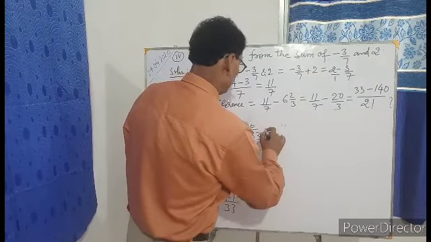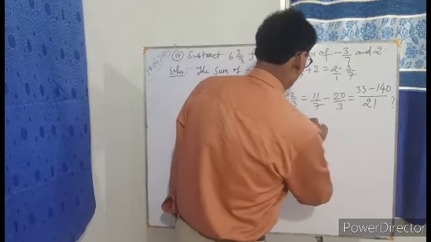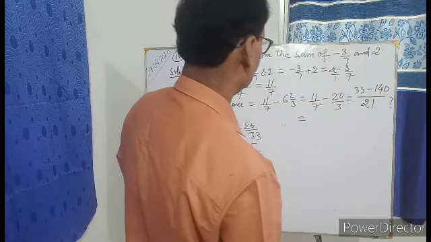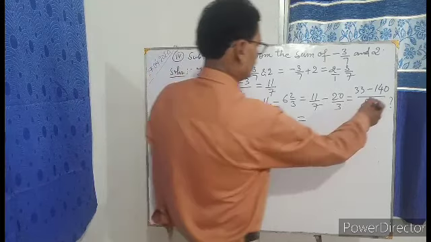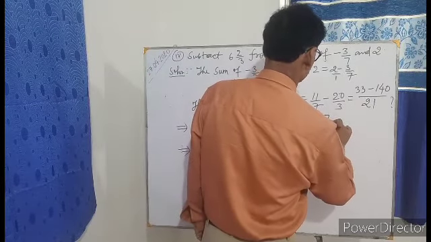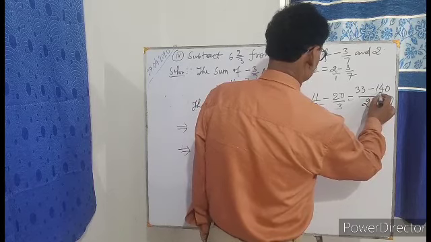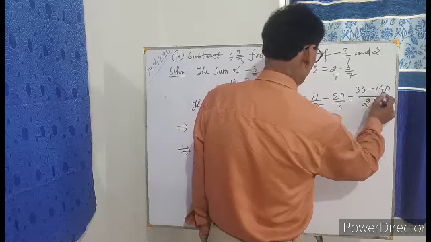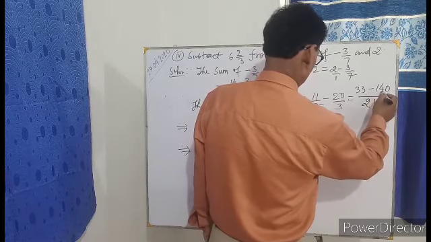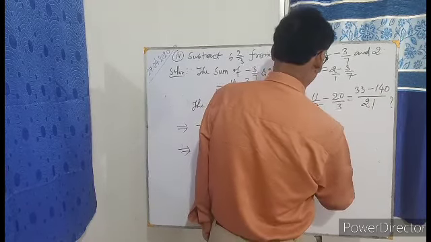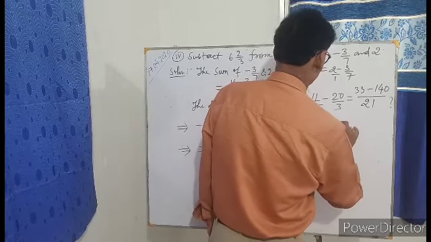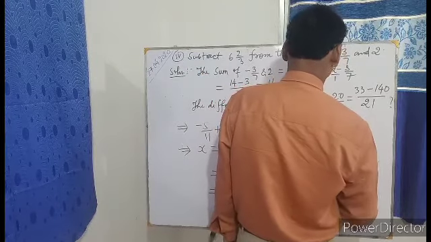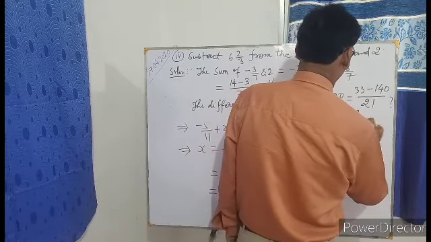So what do we have lastly? 33 minus 140, so it is minus 107 by 21. If you convert it, 21 5s are 105, so it is 5 whole 2 by 21.